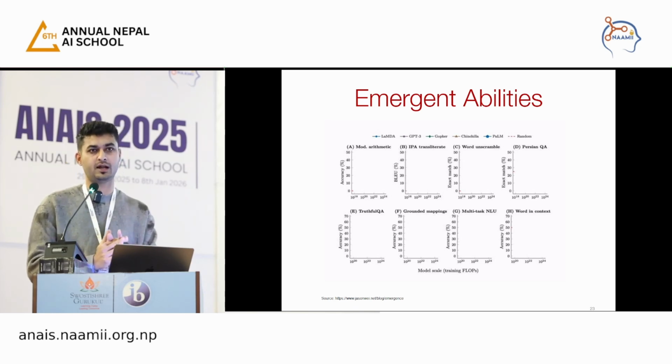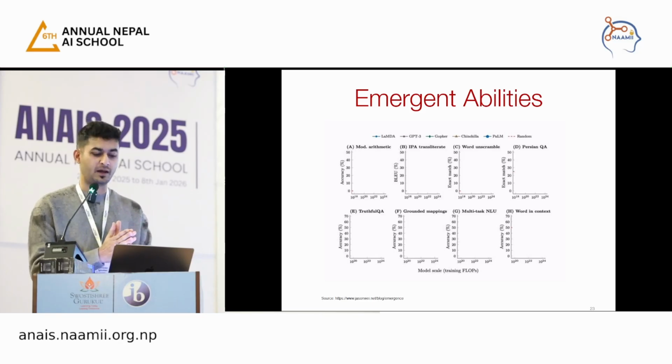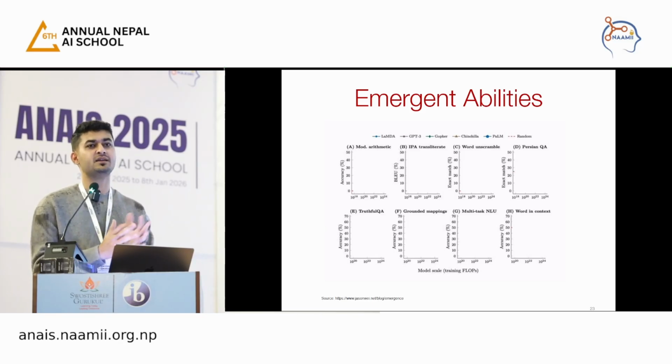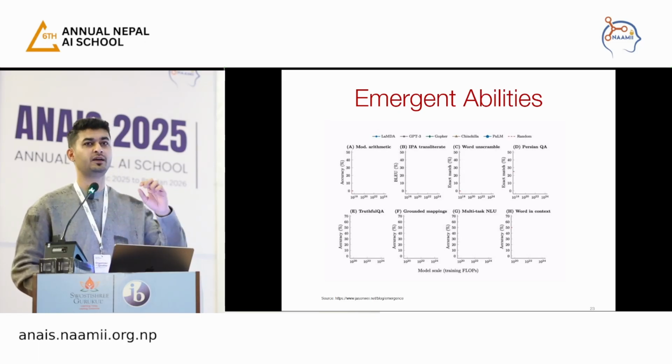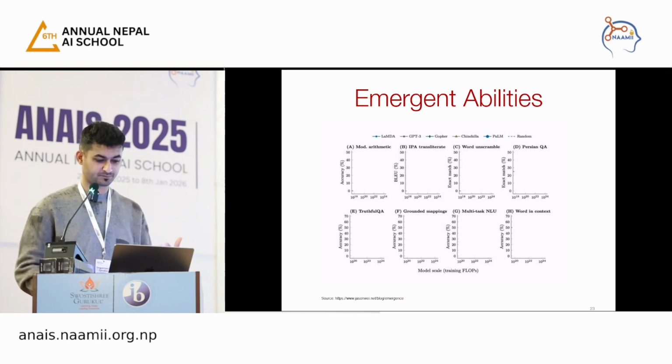But right now, for most of the closed source models like Gemini, ChatGPT, and Anthropic, we don't know the number of parameters they have, but there are very strong guesses that some of them are close to a trillion parameters. So the intuition behind doing this was that larger models had more of these emergent abilities, so you don't need to train them if you want to use them for a task off the shelf.